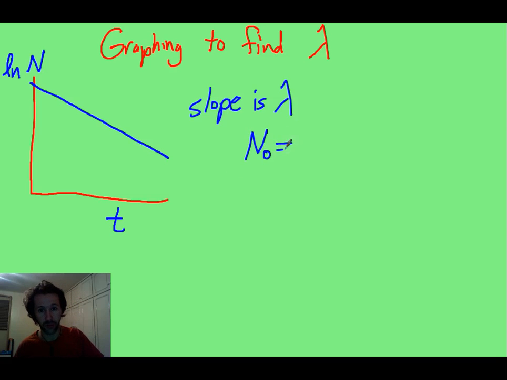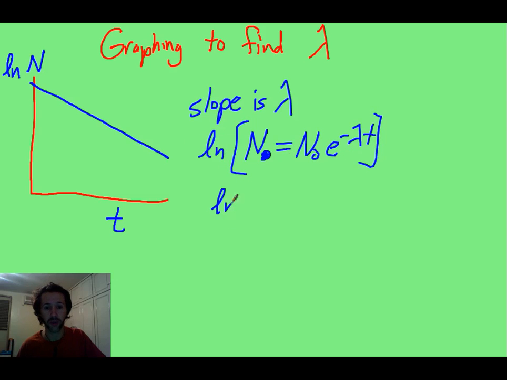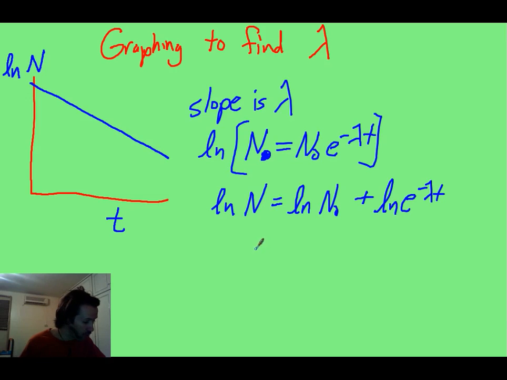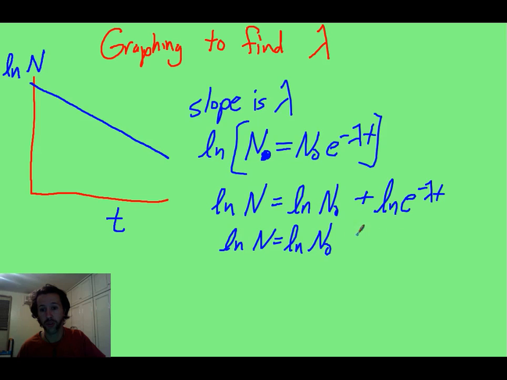You start with this equation, and then here comes that crazy natural log again, on both sides. And you end up with this situation here. You get rid of your e, and then you rearrange it to the form of this.